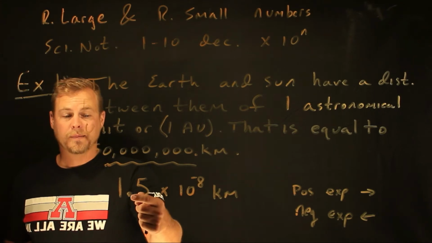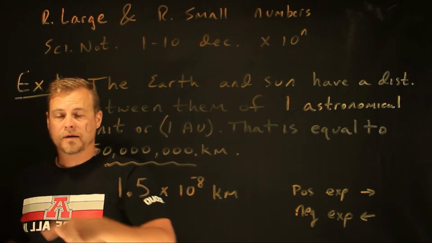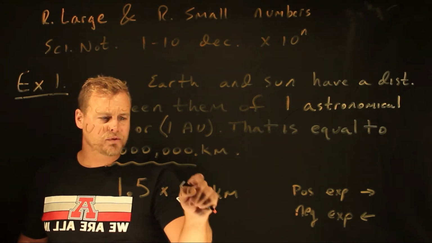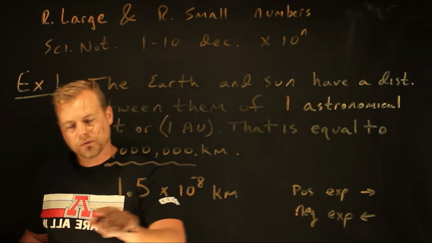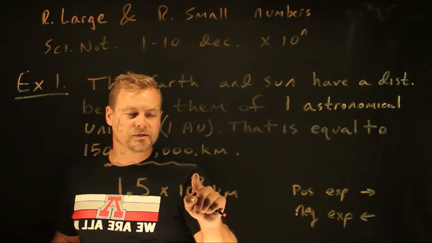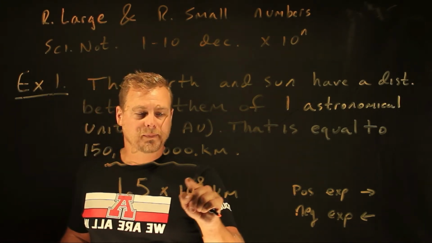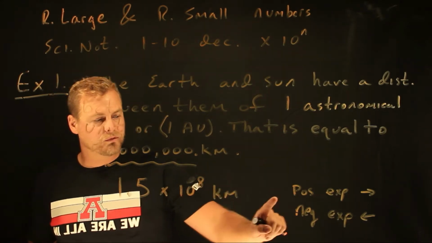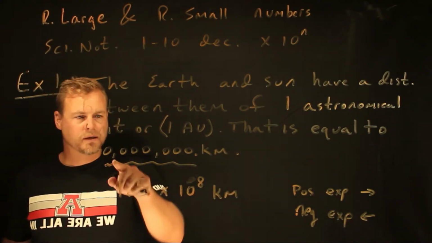Okay, I would move the decimal this way, right, and make it a really, really small number. Okay, so if the exponent's a negative, you're going to move that decimal to the left, which basically you're dividing it, or if it's a positive number, like in this example, you're going to move the decimal to the right, which means you're multiplying it. You're making it a bigger number.